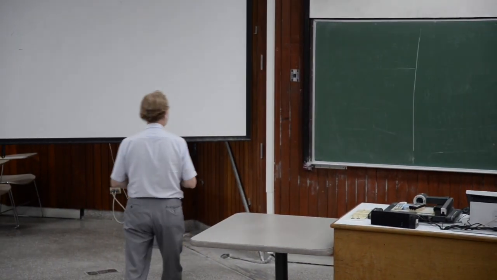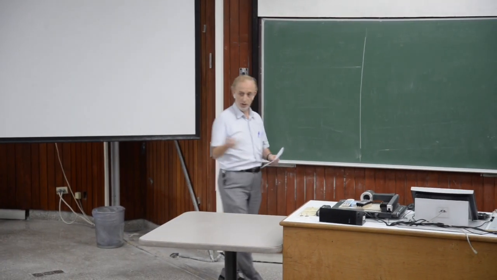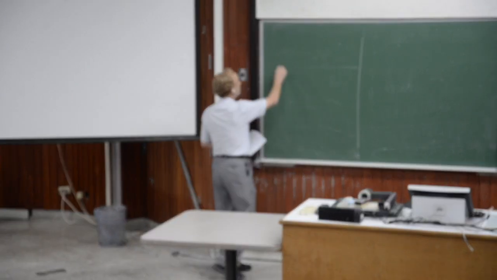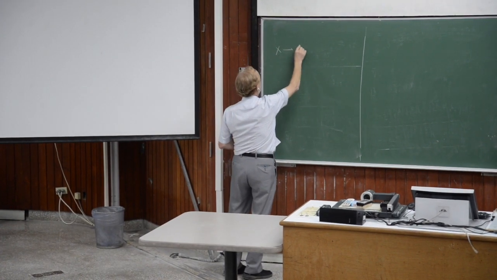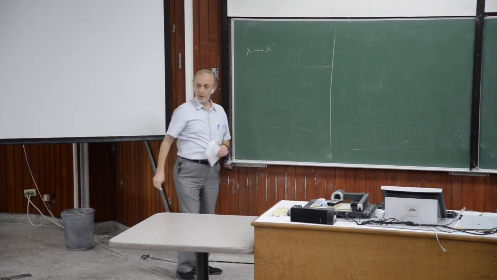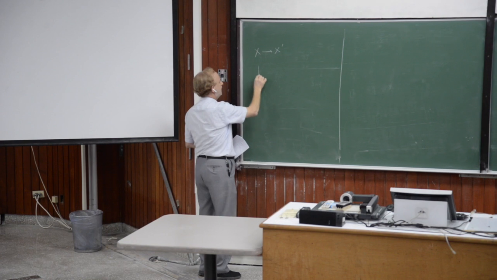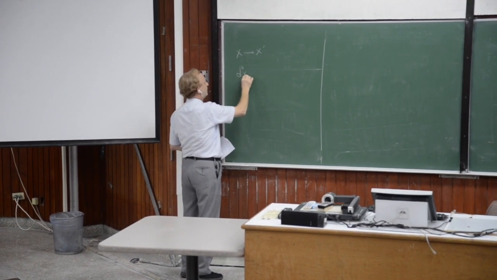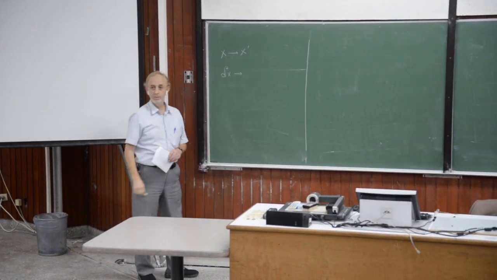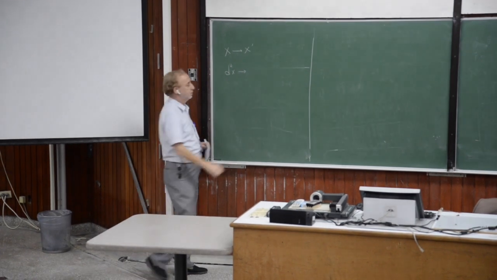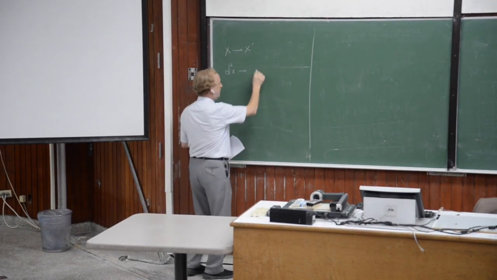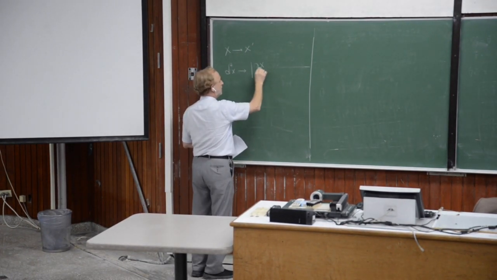Yes, square root of g, or in our metric, square root of minus g, where g is the determinant. If you go from x to x prime, how does the d^4x change? The Jacobian, which is just the determinant of this matrix.